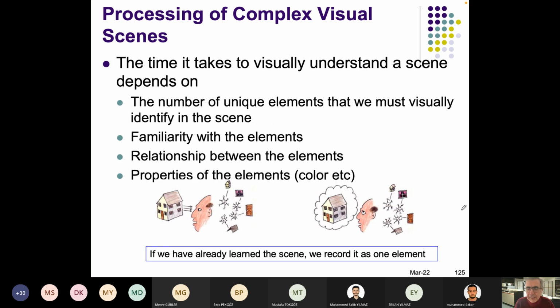When we are processing interface or any kind of object that we are familiar with or not familiar with, the parts are stored in neurons. It is not like they are stored in a JPEG file.